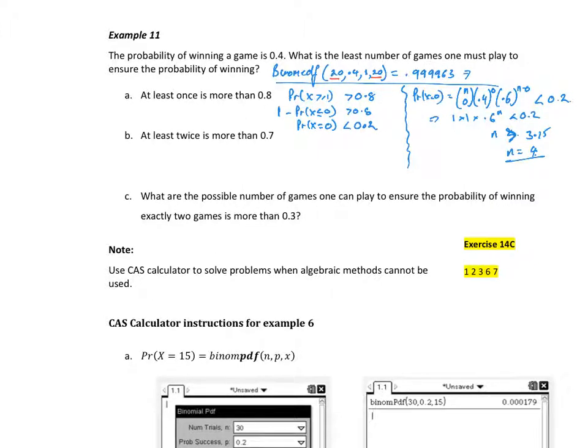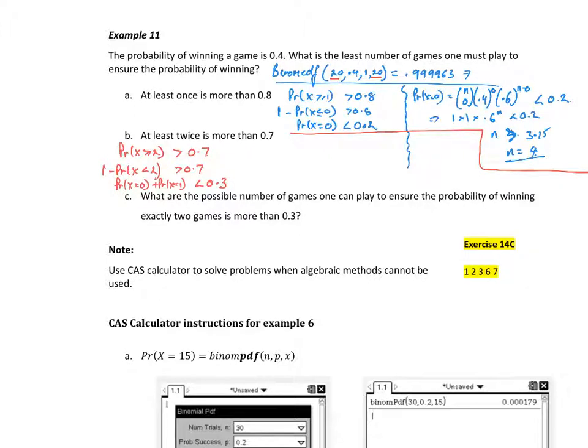Okay? I could do the same thing with B, guess and check, but if I'm going to use a similar approach, at least twice, so I need the probability that x is greater than or equal to 2 to be greater than 0.7, which is 1 minus the probability that x is less than 2, greater than 0.7, which is the probability that x is equal to 0, plus the probability that x is equal to 1 has got to be less than 0.3.